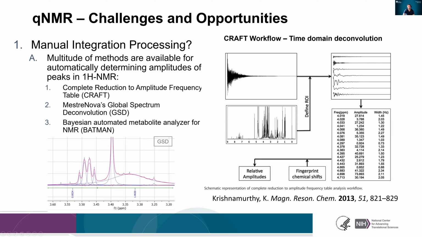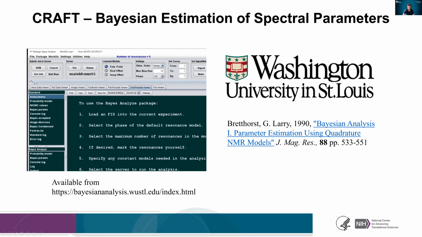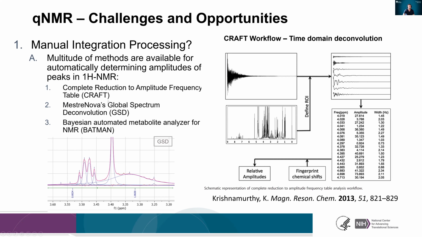So we started looking into different ways of determining the amplitudes of peaks without the normal integration method. And the three that are out there are CRAFT, Mestrenova, which offers a global spectrum deconvolution, and then there's a third one out there called Batman.